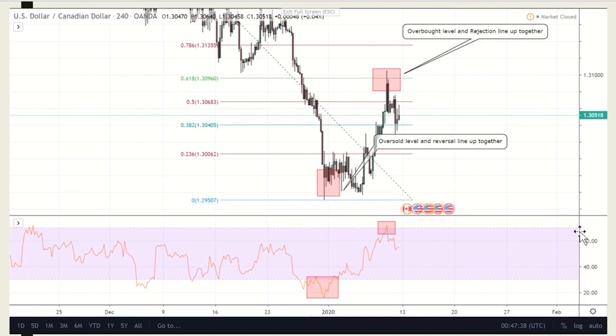So anything in between, price is moving normally. 70% upwards is overbought, 30% downwards is oversold. So here you have your oversold level lining up with the end of the Fibonacci. But this is even better yet, because the 61.8% retracement lines up with an overbought level. So then you see the start of a bearish push down.